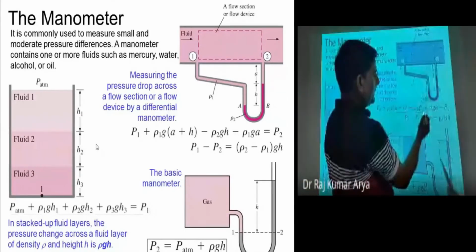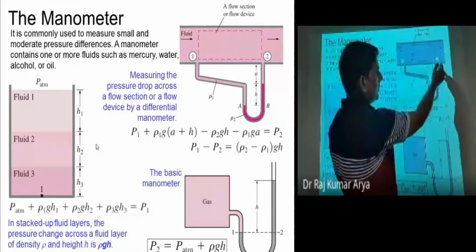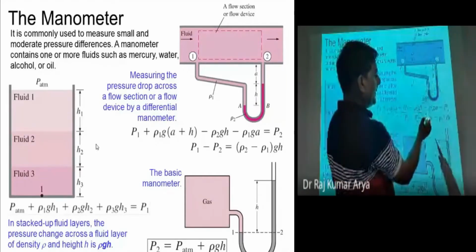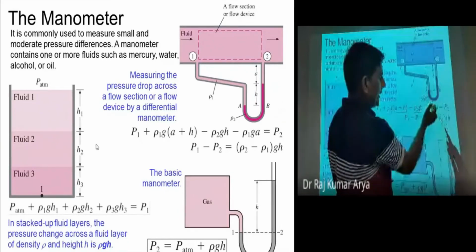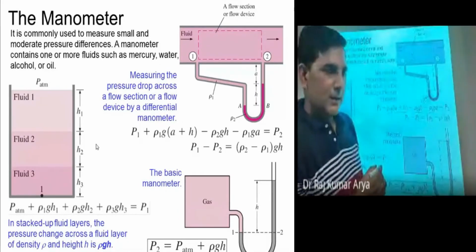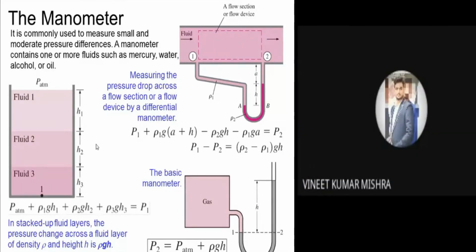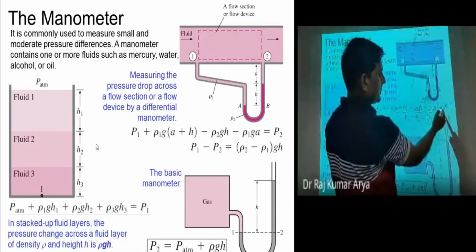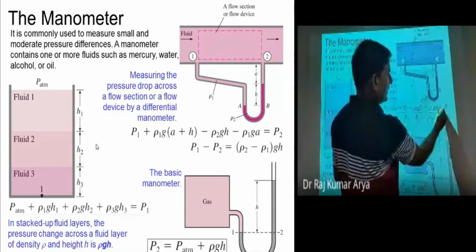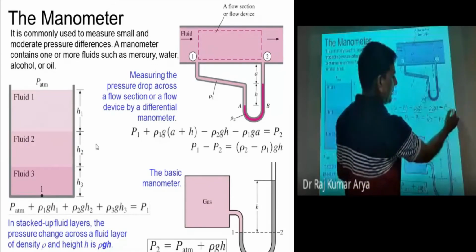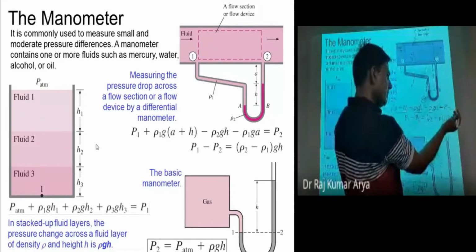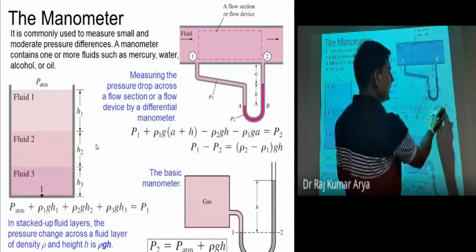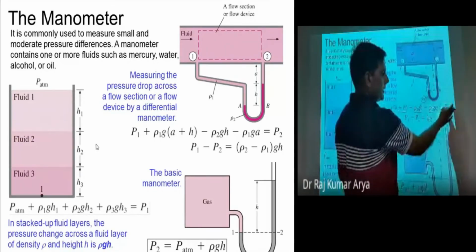After that you have to reach point B, so you are further going up by distance a, so you have rho 1 g into a. After that, you have actually reached point B, so either you can make minus P2 equal to 0 or just keep the original one equal to P2.